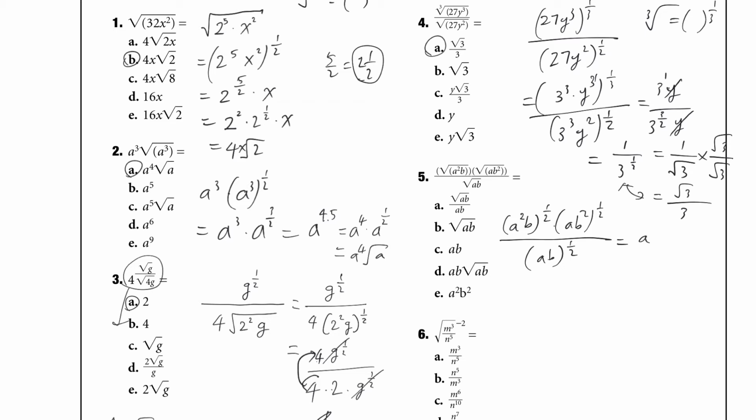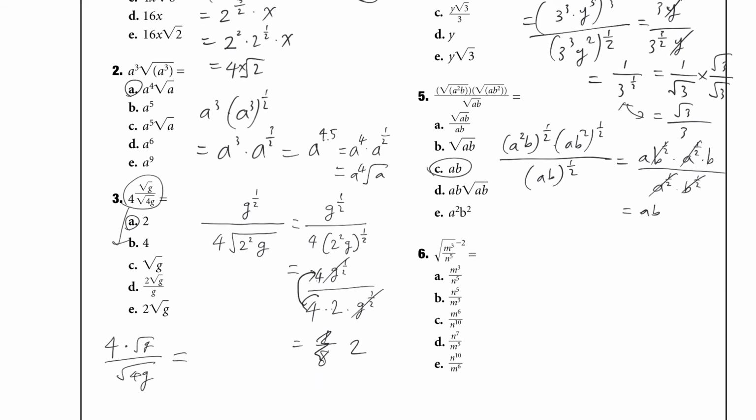So a squared, so 2 times 1/2 is 1, b to the power of 1/2 times a to the power of 1/2 times b over a to the power of 1/2 and b to the power of 1/2. Notice the b to the 1/2, they cancel, and a to the power of 1/2, they cancel. So the answer is a times b, C.